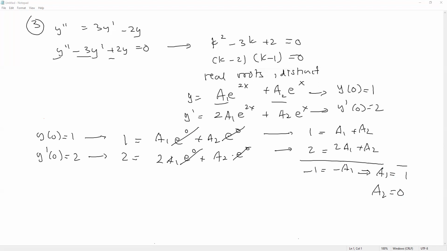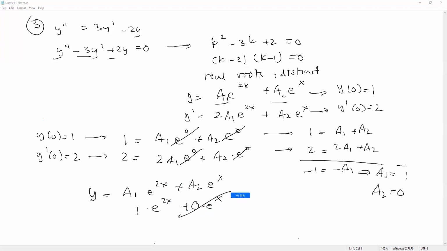Put this into the y. y is a1 e to the power of 2x plus a2 e to the power of x. If a1 is 1 and a2 is 0, that's going to be e to the power of 2x plus 0 times e to the power of x.